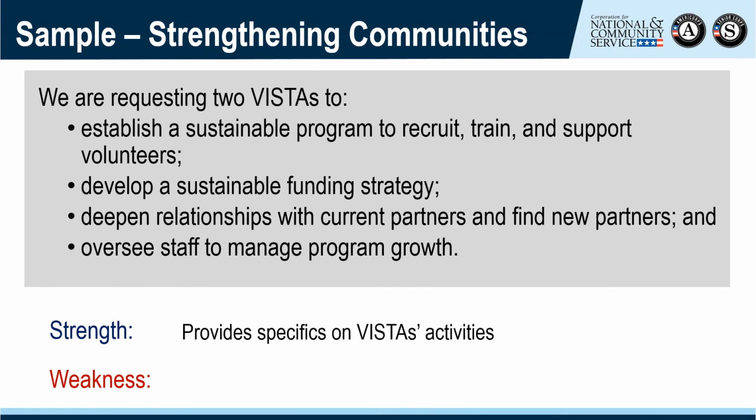The narrative includes specific statements on how the VISTAs would be used in the project. But were you able to spot a weakness? Look at the last bullet point. Overseeing staff would be a staff responsibility and not appropriate for a VISTA member. Remember, VISTAs must not supplant staff, so a statement like this would trigger a conversation with the organization to make sure they understand the limits of what VISTAs can do.